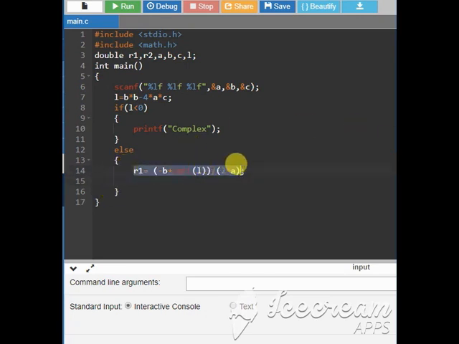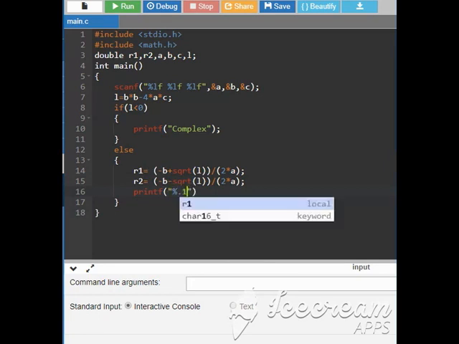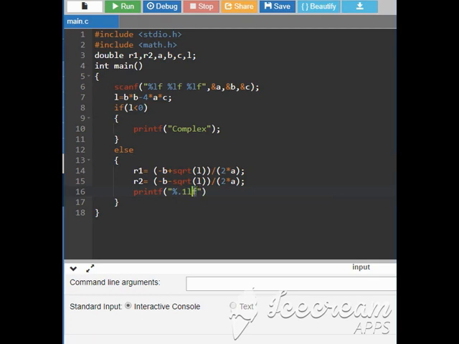So copy and paste this here and change this to 2 and change this to minus, because we have plus or minus. And the next thing, I'll print my answers. So percent dot, I want 1 decimal place, so I'll say dot 1.